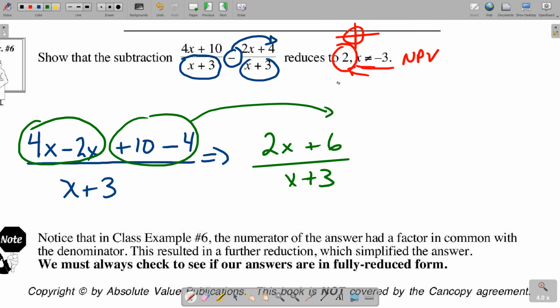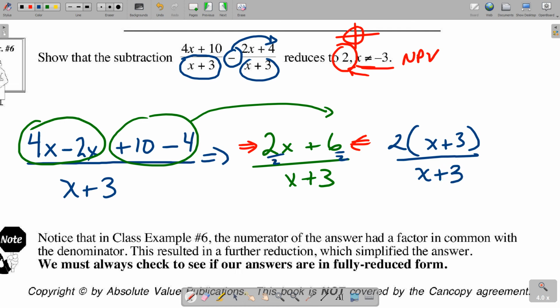Now it's kind of telling us this isn't 2. But what is it? Well, it's the idea of what is common to both these two terms, namely factoring. 2x and 6 have a 2 in common. We can divide them both out by 2. We get 2 bracket x plus 3 over x plus 3.